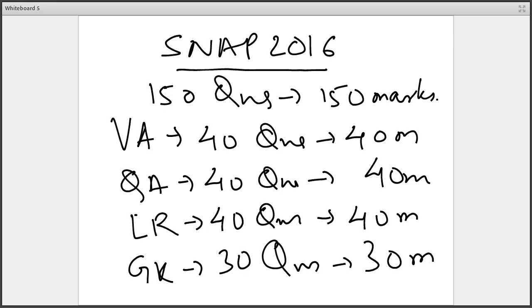So 100 plus score is going to take you definitely for a 99 plus percentile, which should be good enough to get you a call from any Symbiosis college.